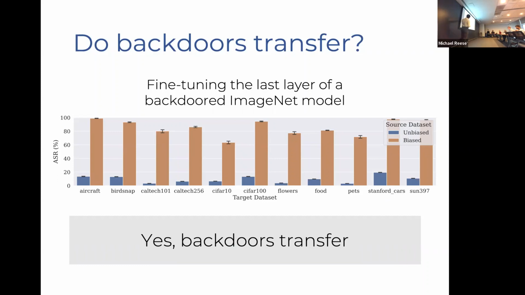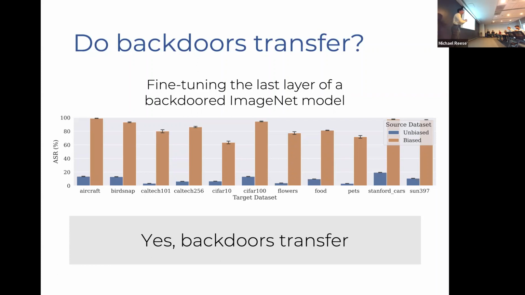What we're plotting here is the attack success rate. This is the percentage of times at which inserting the backdoor changed the prediction of the model to dog, for example, or to something else, so it made the model incorrect. The blue columns here are the baseline.